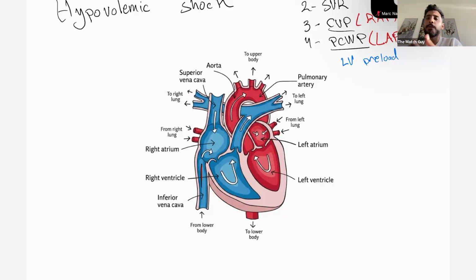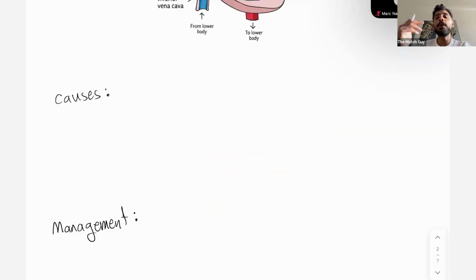So let's first start with hypovolemic shock. From the name, hypovolemic shock is a problem when you have low volume, so when you've lost blood. One of the most important causes or etiologies of it is going to be bleeding. When you are bleeding or losing blood, this is the most common type of presentation.